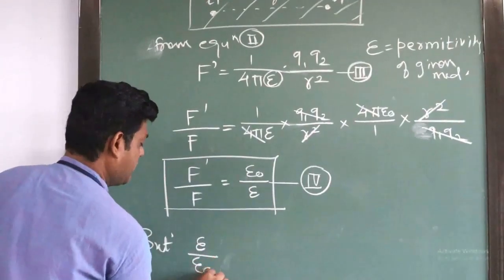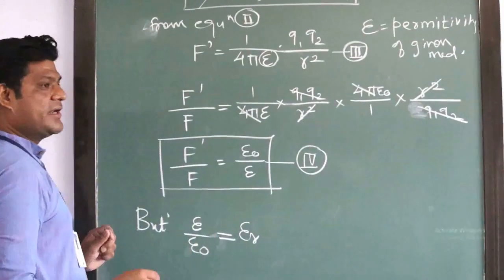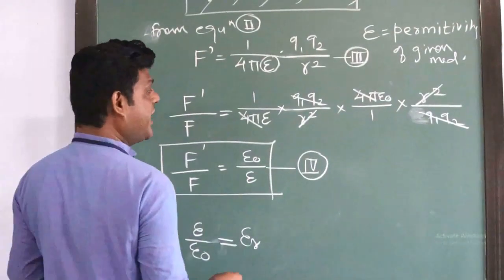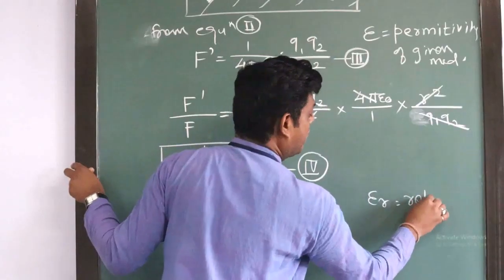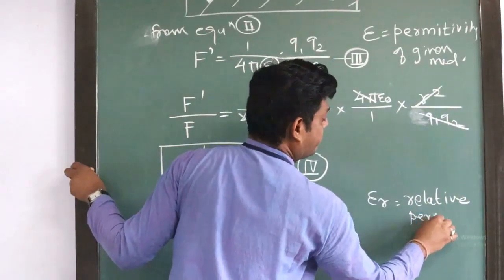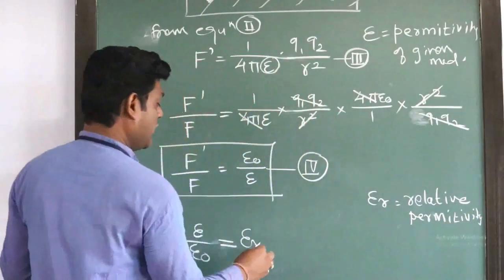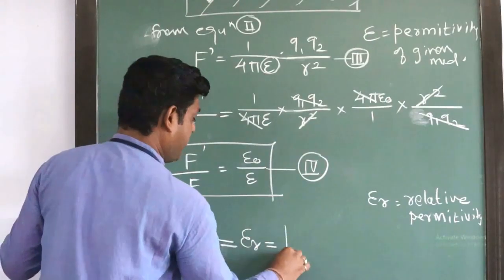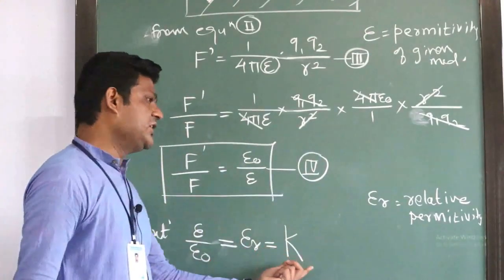But what we know is that epsilon divided by epsilon 0 is known as epsilon R, the relative permittivity, right? It is also known as the capital K. This capital K is known as the dielectric constant.